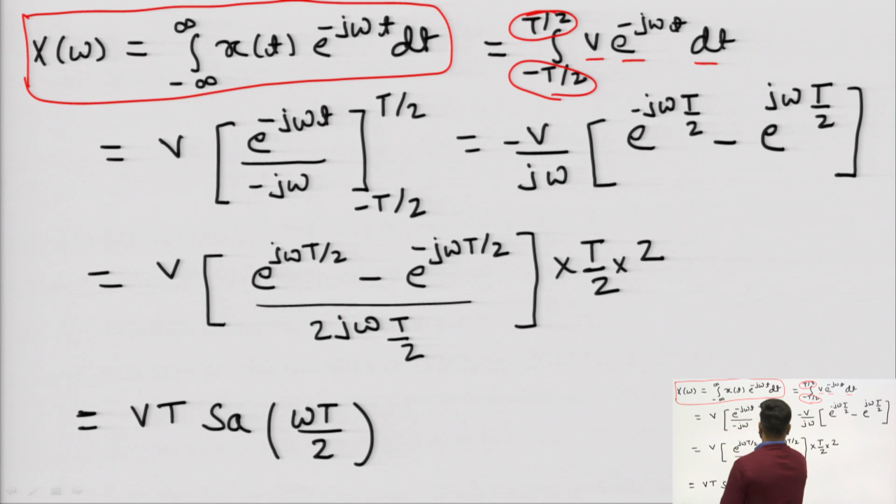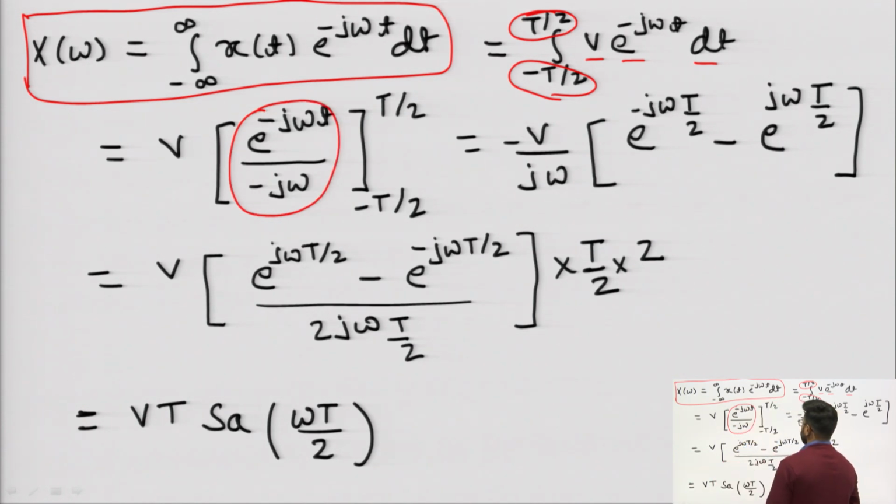When we integrate e to the power minus j omega t, we get e to the power minus j omega t divided by minus j omega, and the limits are from minus T by 2 to T by 2.